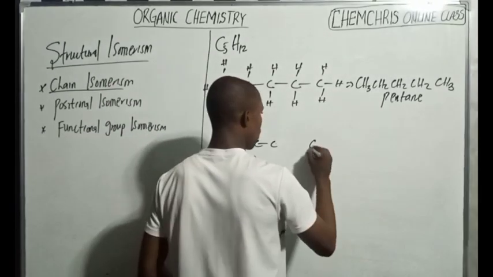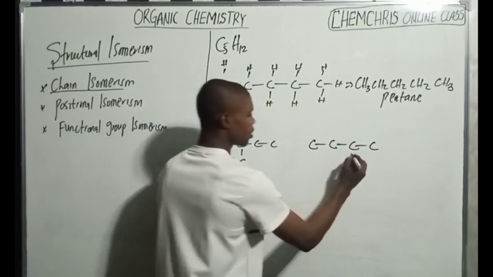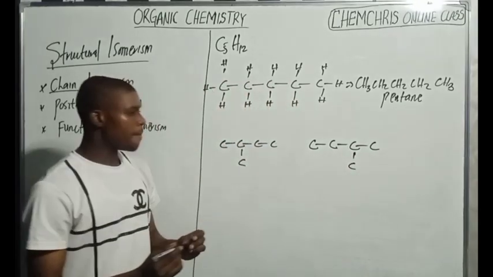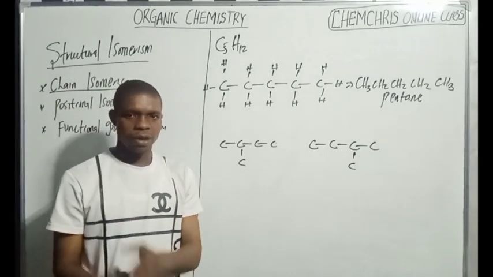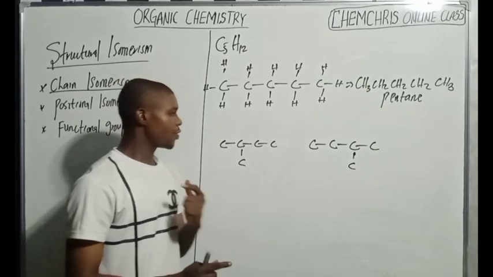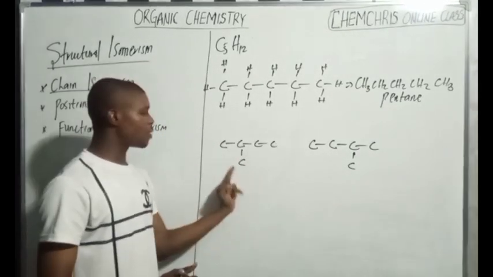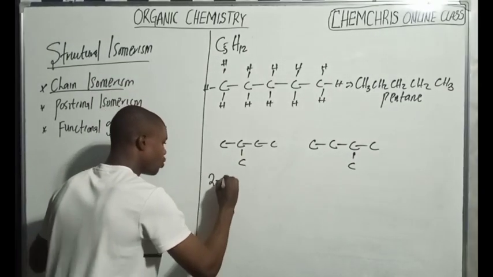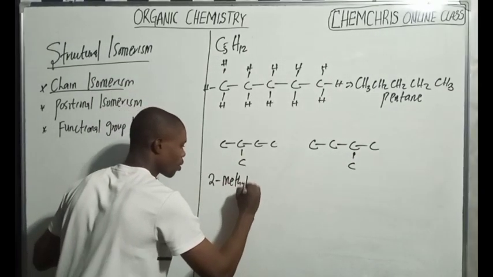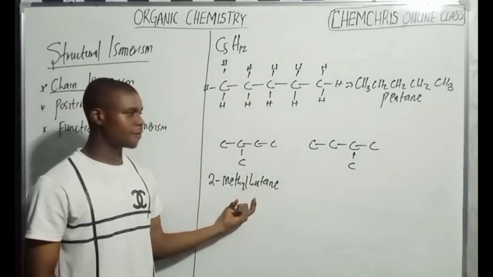Here I have 1, 2, 3, 4. These two structures are the same. Now, if you try to name this compound, this is going to be a methyl, so it will be 2-methyl butane. 2-methyl what? Butane. 2-methyl butane.